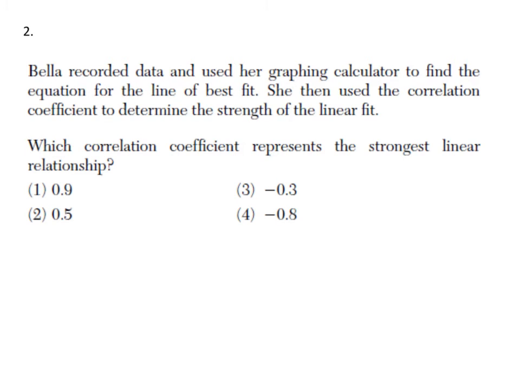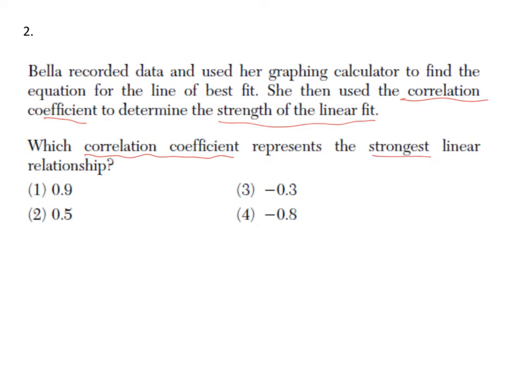Bella recorded data and used her graphing calculator to find the equation for the line of best fit. She then used the correlation coefficient to determine the strength of the linear fit. Which correlation coefficient represents the strongest linear relationship?